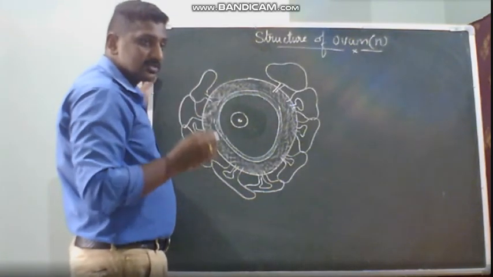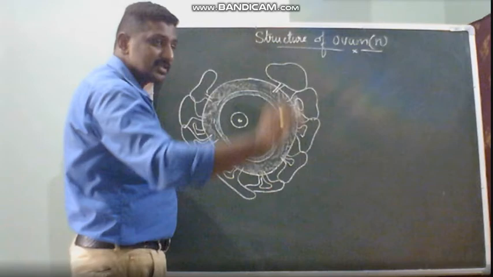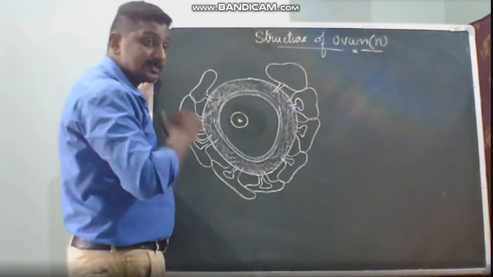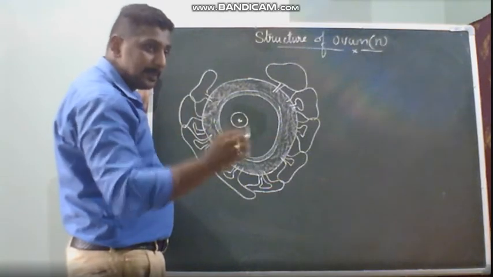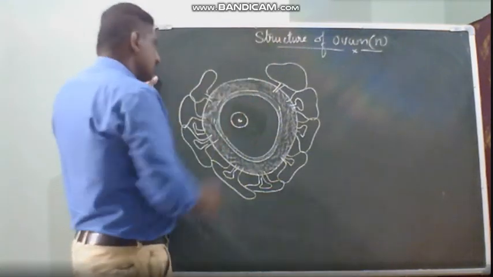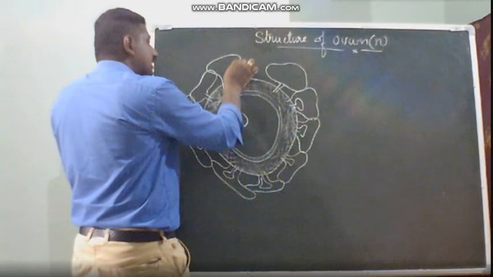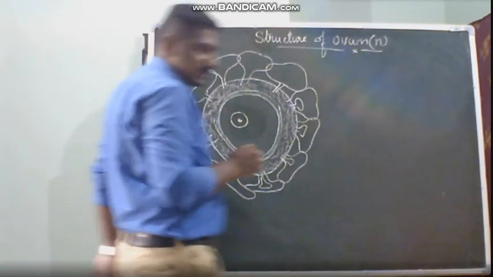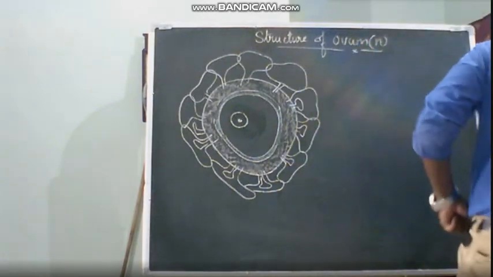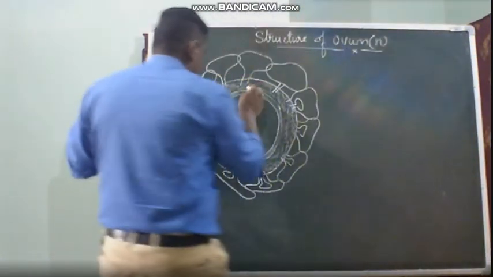We always use the term sperm fertilizes an ovum. We are not using sperms fertilizing an ovum, because only one sperm can fertilize a single ovum. Okay, so these are the various things that we have drawn now. Now this is the small thing I'm going to draw here.